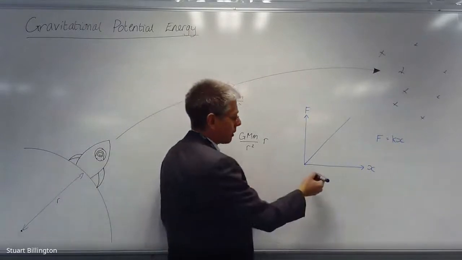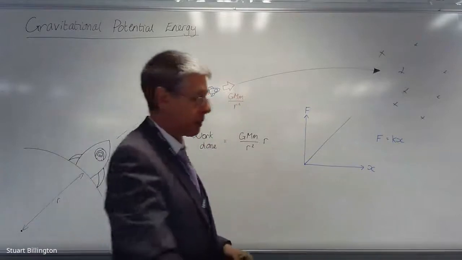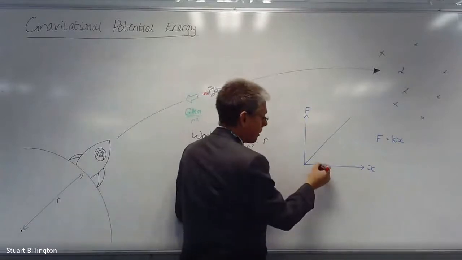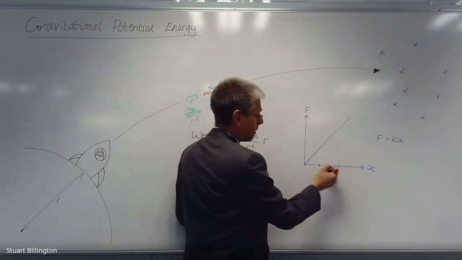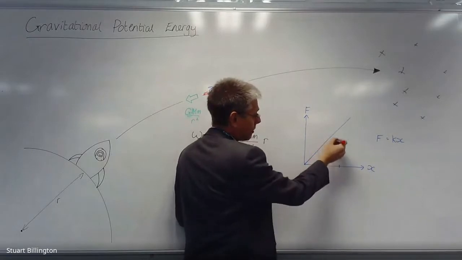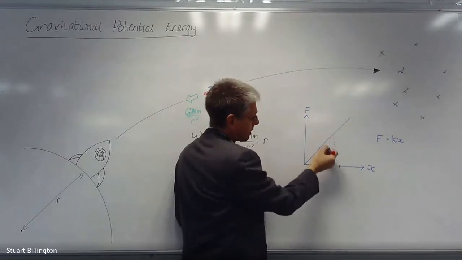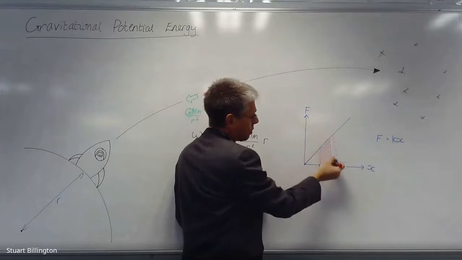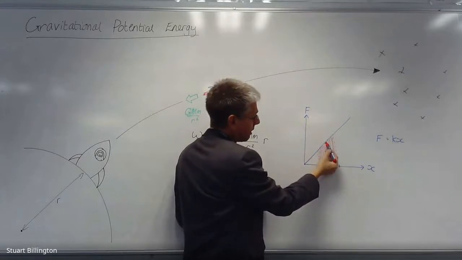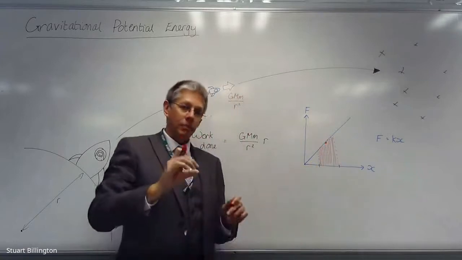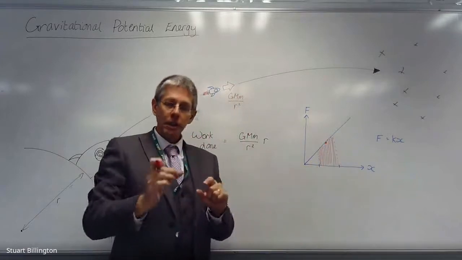And you might remember that when we were talking about extending a spring from one extension to another extension, at the time, we discussed the need to chop this into tiny little vertical rectangles, which weren't really rectangles, because there's a tiny little triangle on the top of each that is going to be ignored.